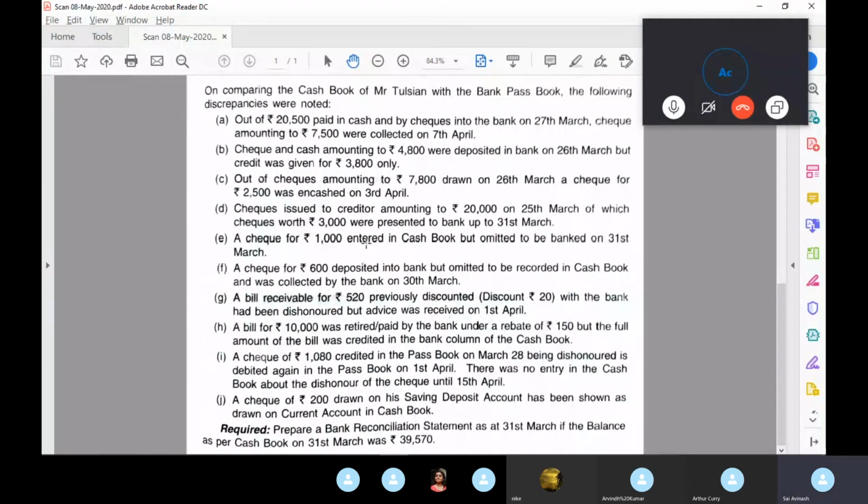A check for 600 deposited into the bank, but omitted to be recorded in the cash book and was collected by the bank on 30th March. So what does this piece of information tell us? It tells us the bank has increased in value even before 31st March. So as of 31st March, the bank balance is higher by 600, but I have not recorded the deposit in my cash book. So my cash book is lower. To match with the bank, I have to increase the value of my cash book.